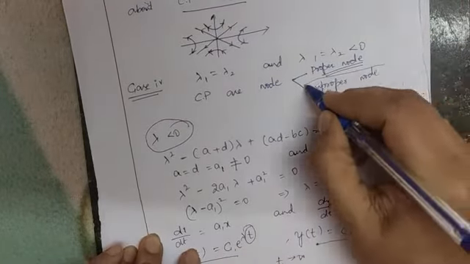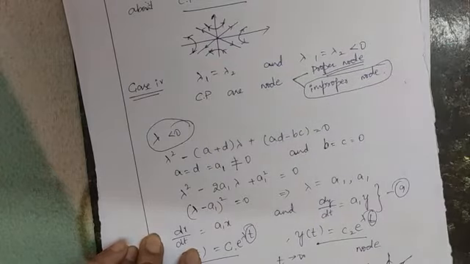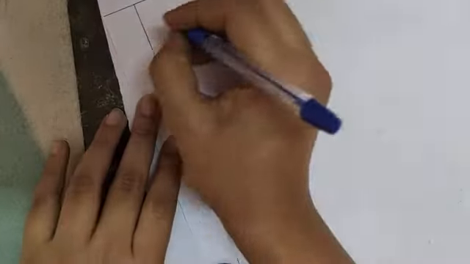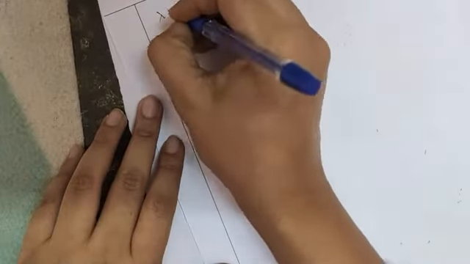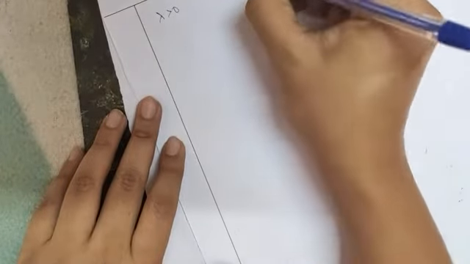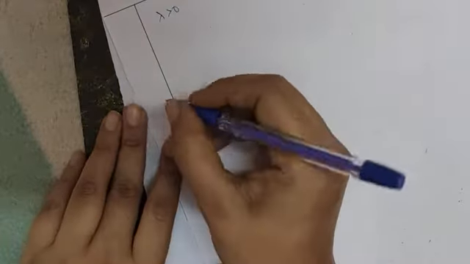So similarly, let us look at improper node. Again I have to consider lambda is greater than 0 and lambda is less than 0.